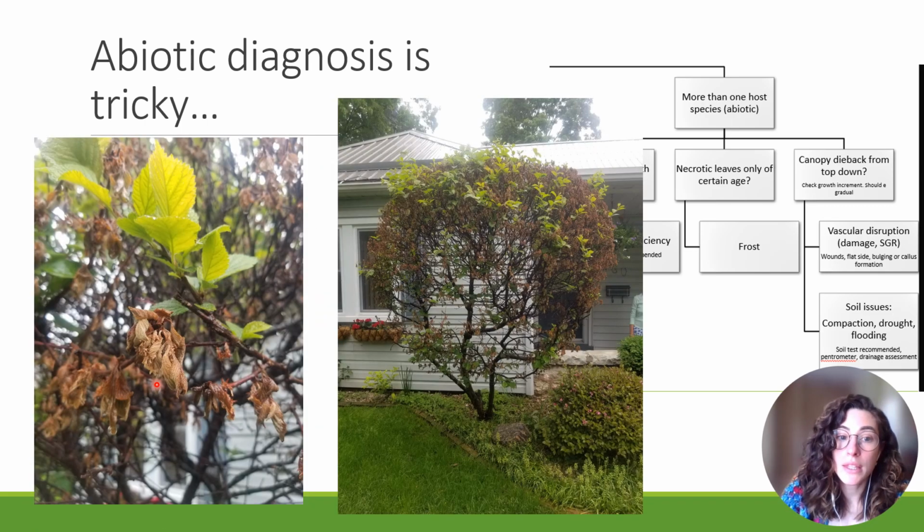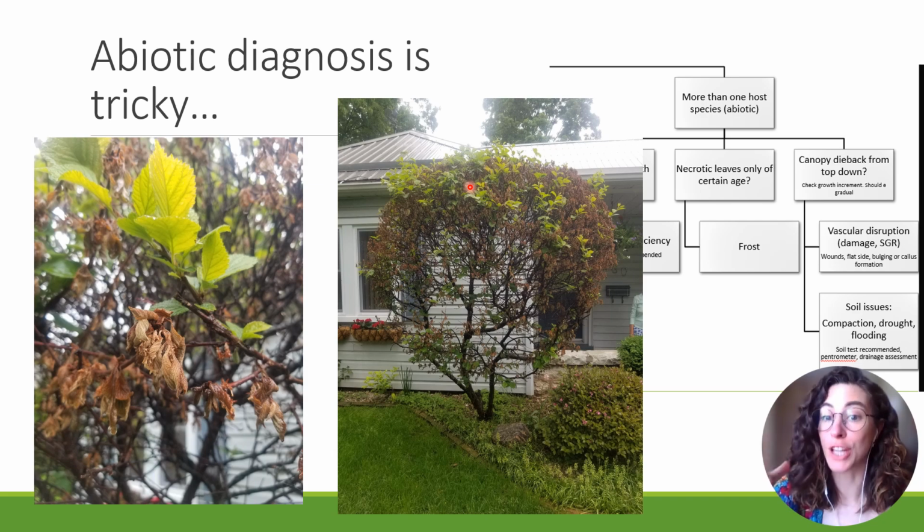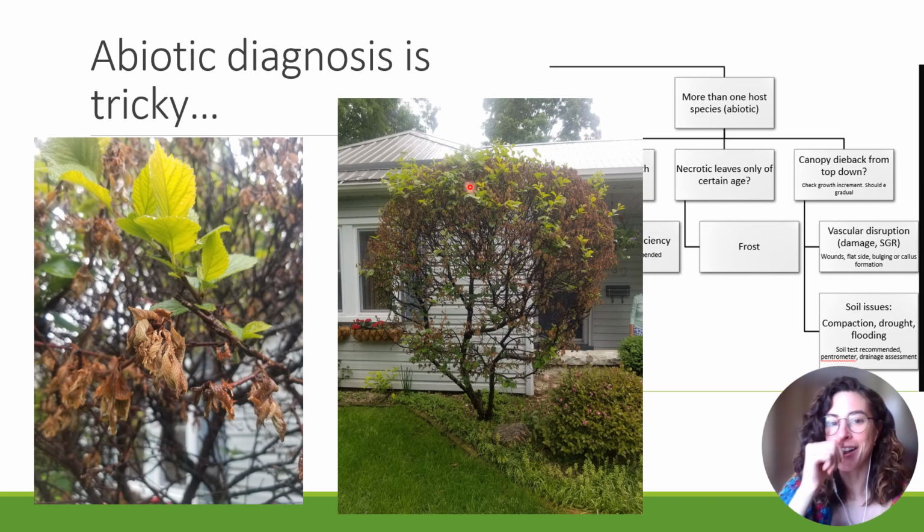Now, if you notice that the leaves themselves don't have that characteristic limey yellow with the dark veins, and they just look necrotic, but not whole-branch necrotic, of a certain age, and the plant itself is almost reflushing, recovering, this is most likely frost.